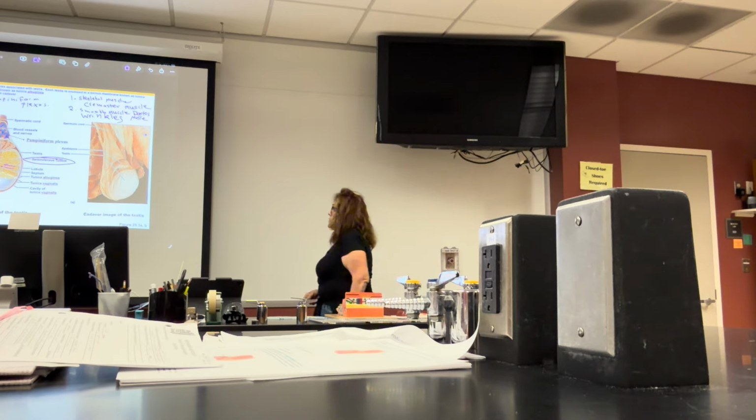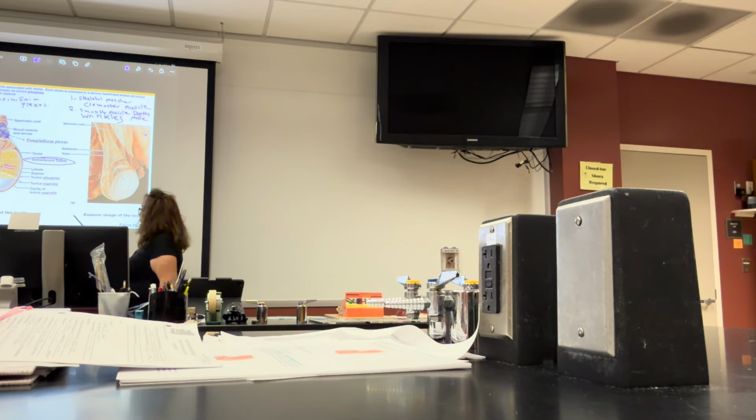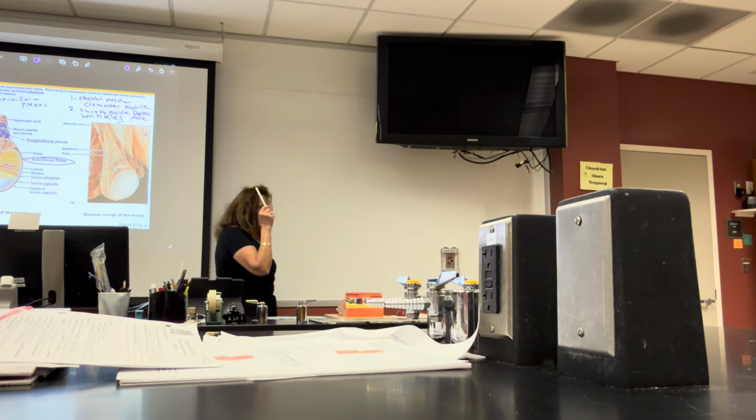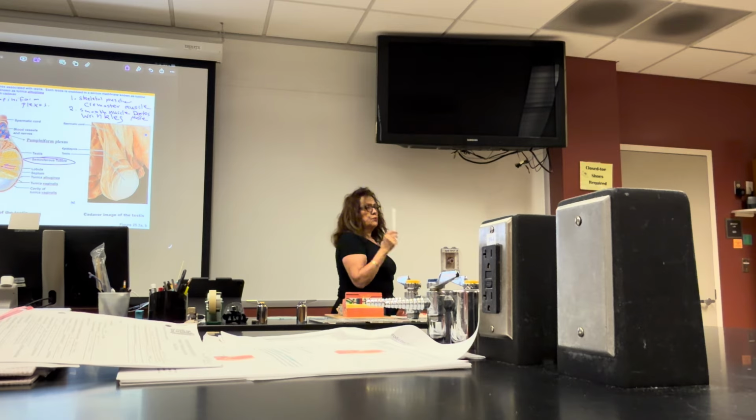So for now, let's look at this one. Each lobule of the testis is formed by this connective tissue, the tunica albuginea, and you can see each lobule contains 1 to 4 seminiferous tubules. So the testis of the male is the factory for synthesis of spermatozoa.